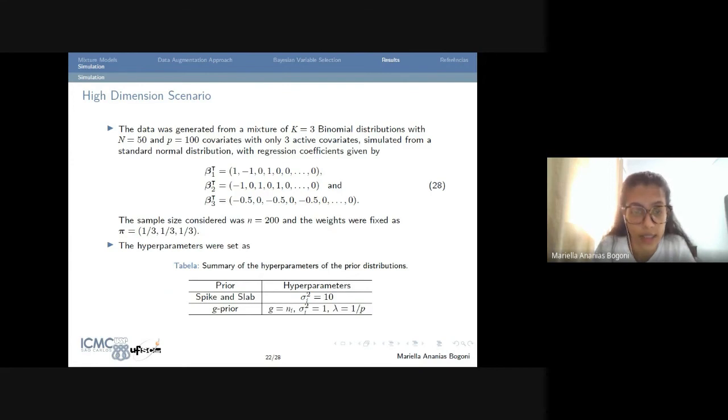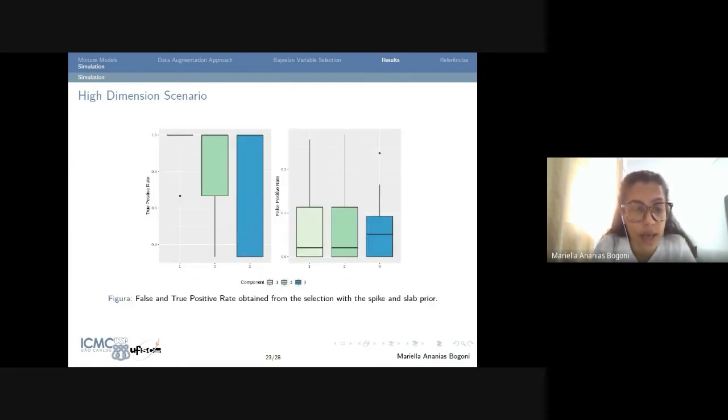considered for variable selection. So here we have the box plot of the true positive rate and false positive rate obtained with the method using the spike and slab prior. In the true positive rate, we see that especially in component 2 and component 3, the true positive rate is not close to 1, which means that in component 2 and component 3, there were some replications where the covariates were not correctly selected.